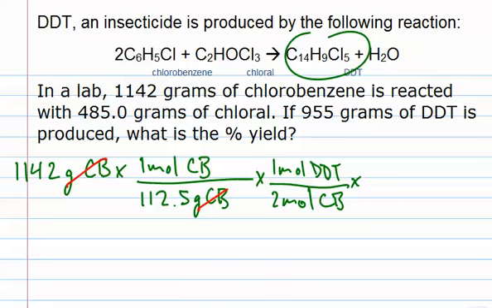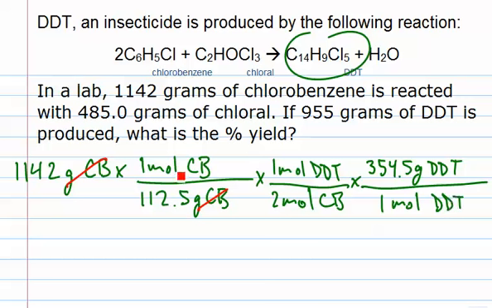Now for this one, 14 carbons, 9 hydrogens, and 5 chlorines gives us a mass of 354.5 grams of DDT per 1 mole of DDT. Again, our units are canceling as we go along here, and we're left with mass of my product. Now, we could have stopped at this stage at moles of my product and later converted this, but it's really not so much more work to do this one more step in our calculation.